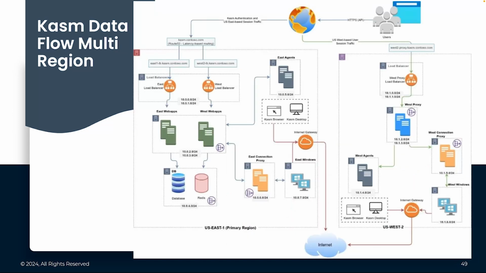If we step forward and look at a multi-region instance, bit of an eye chart, but let's try and walk through what this really means. So as the user comes in, authenticates in, first off, you're going to notice some things. We're going to have this Route 53 latency-based routing.